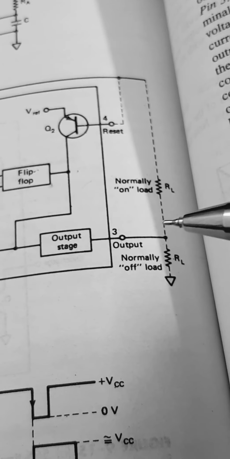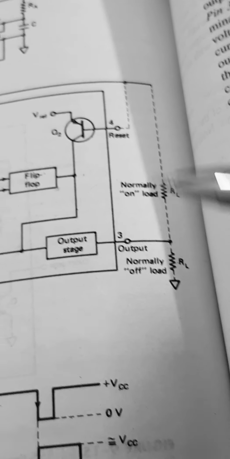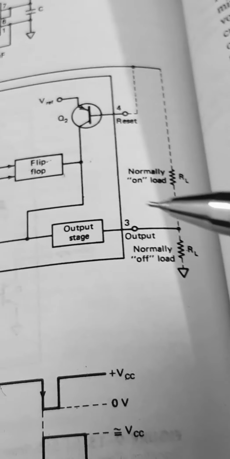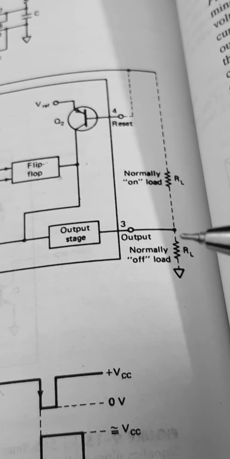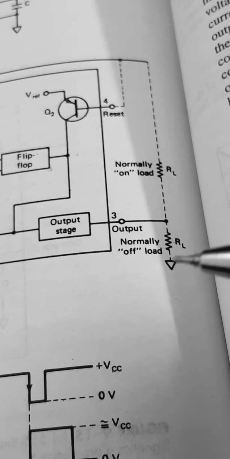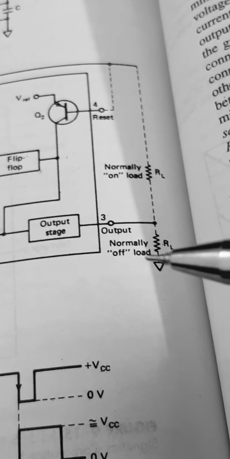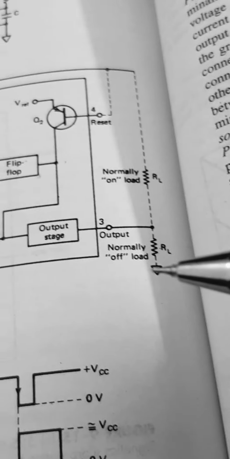If you connect the load between 3 and VCC, it is known as a normally on load. If you connect the load between 3 and ground, it is a normally off load.